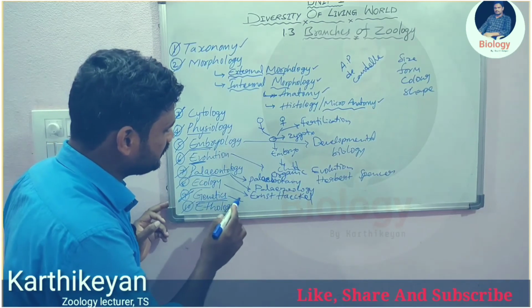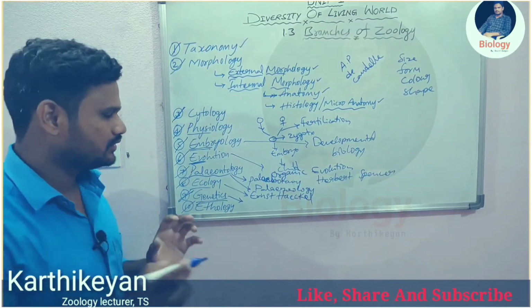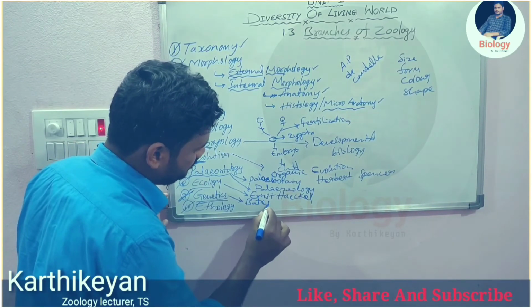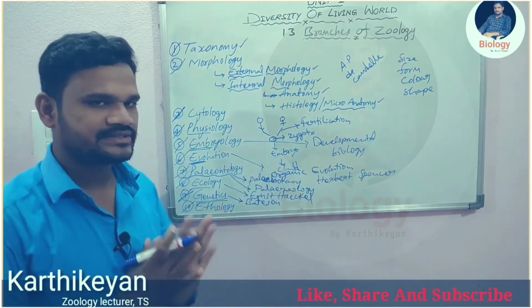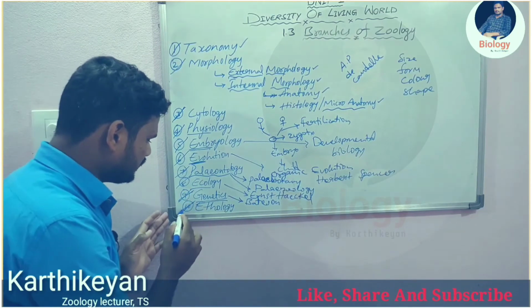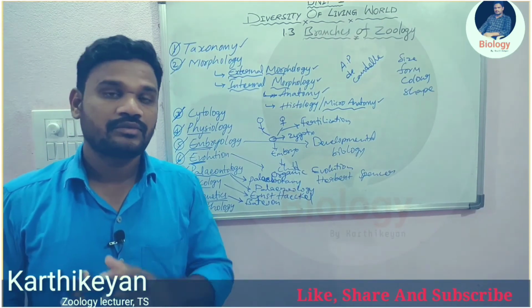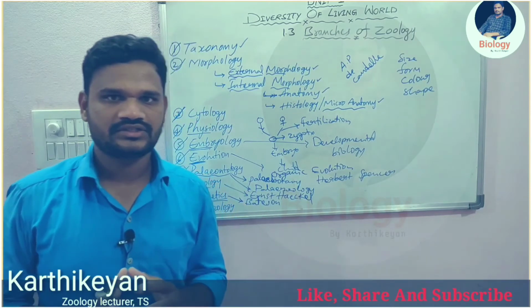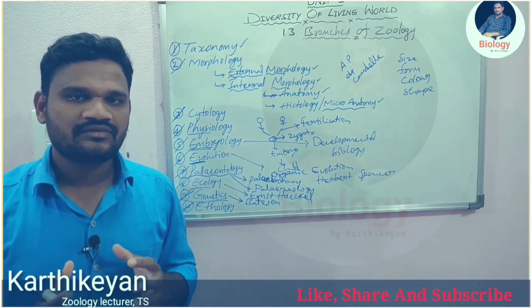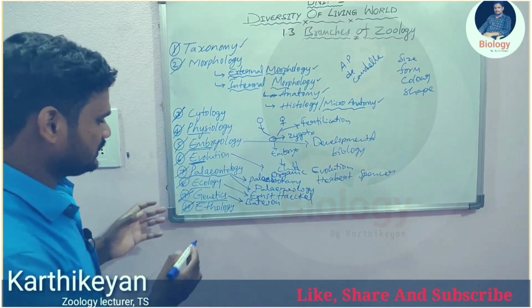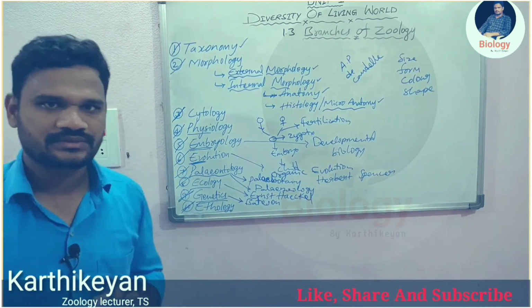For the first time, the genetic term was introduced by Bateson, okay? Bateson, remember please. Next, ethology. Ethology means it is the study of behavior of an organism, right? Which means if we want to study about the organism's behavior, we have to know the knowledge of ethology, right?